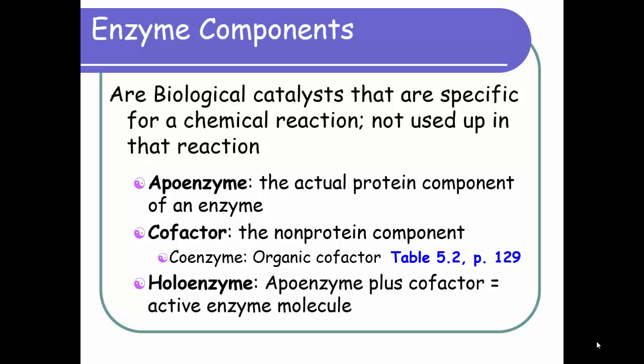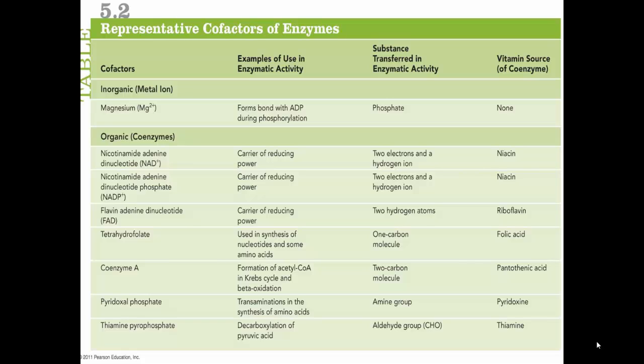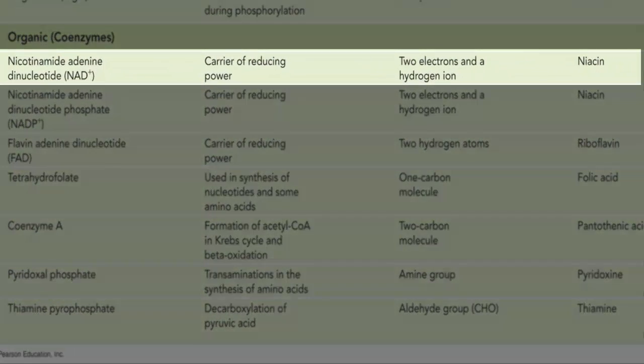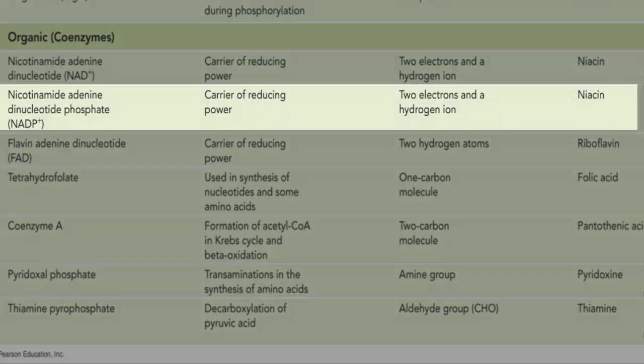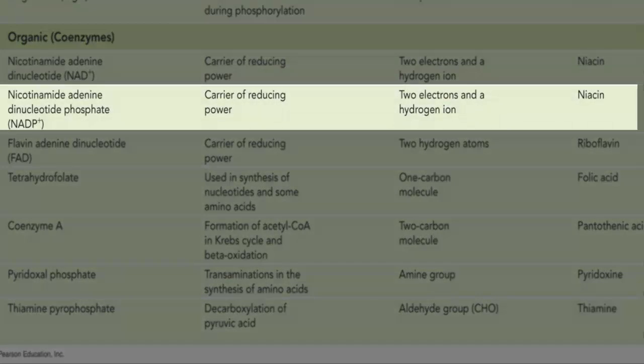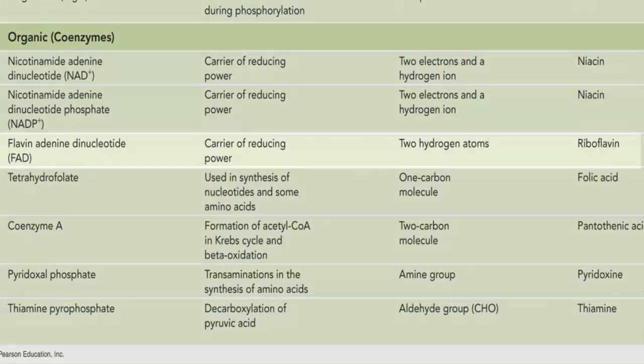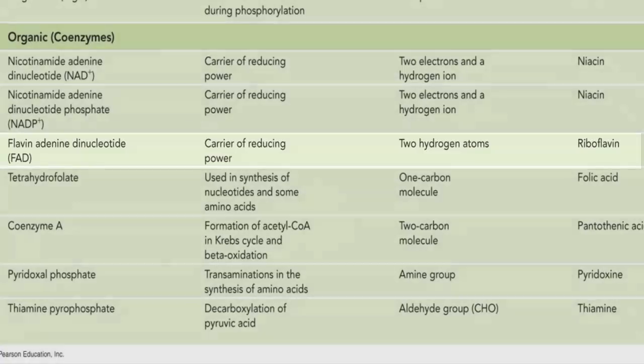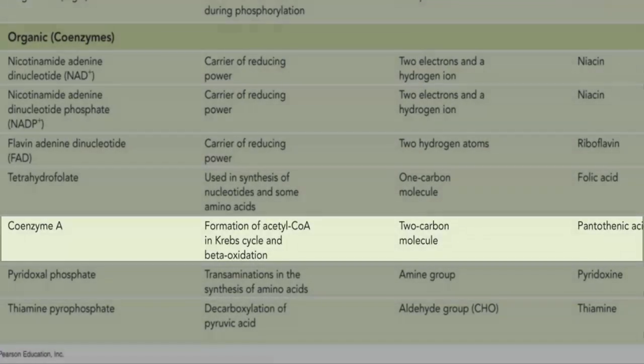In table 5.2 on page 129, you have some of these coenzymes and cofactors. Some of the ones we will talk about will be nicotinamide adenine dinucleotide NAD+, nicotinamide adenine dinucleotide phosphate NADP+, flavin adenine dinucleotide FAD, and coenzyme A.